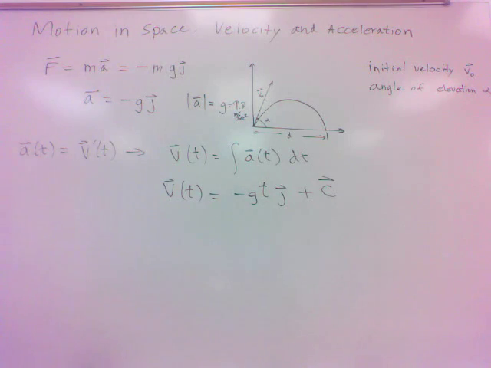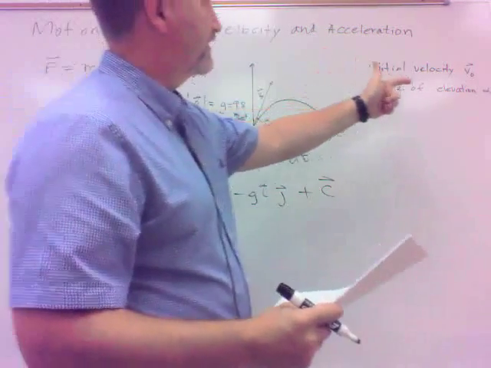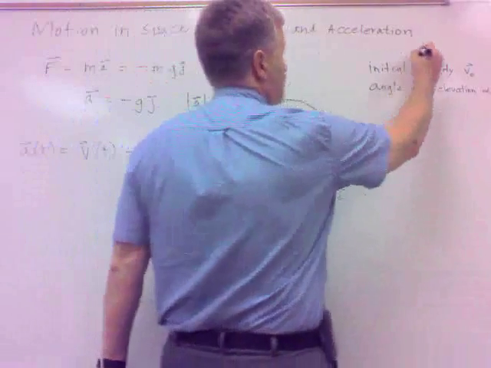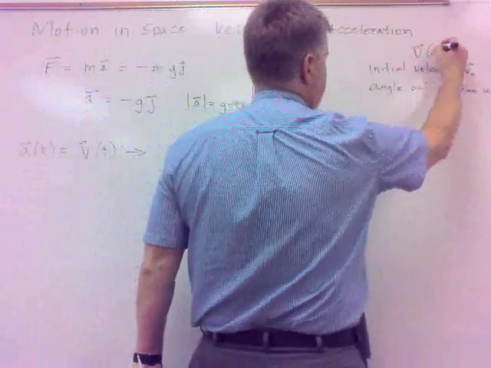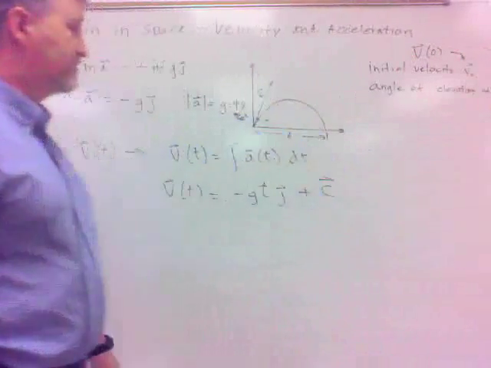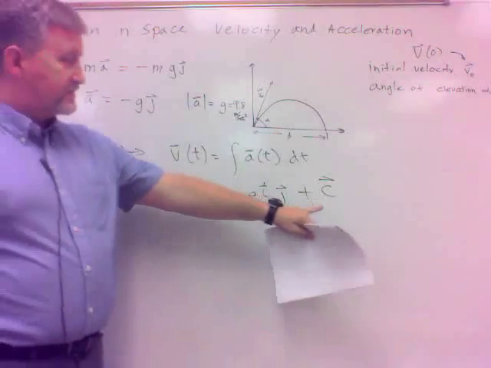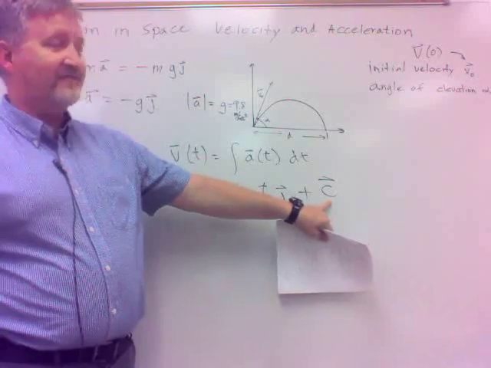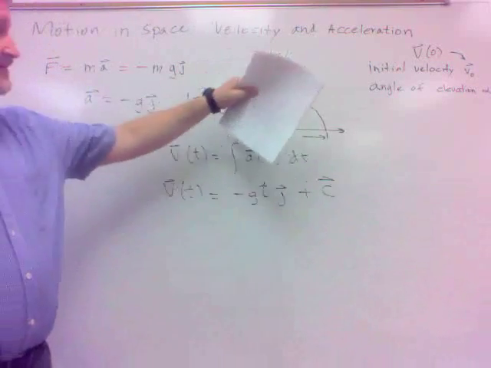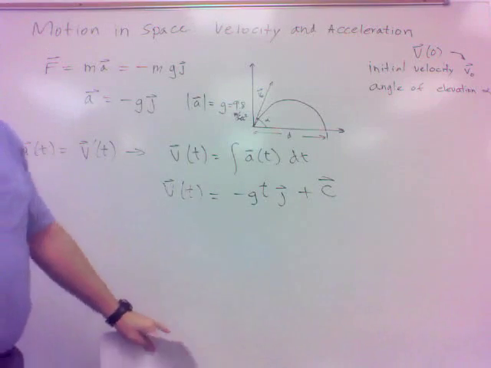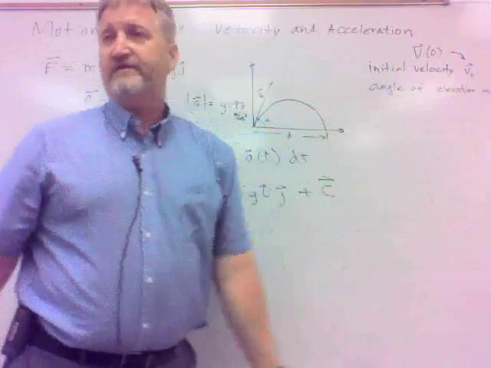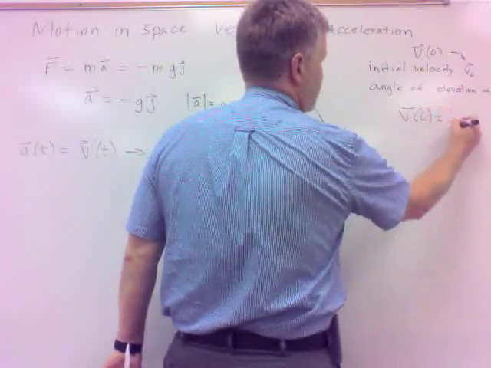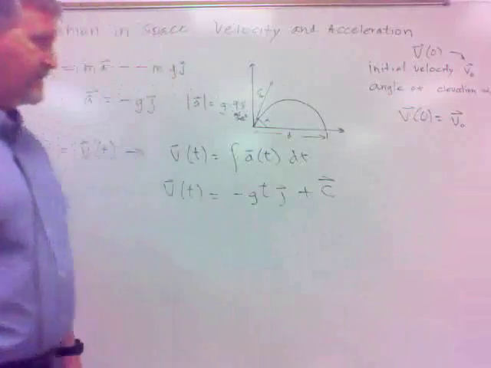But we know we've got the initial velocity vector here. We called it v0. So what's the constant vector going to be? It's the initial velocity vector. What we're saying is v of 0 is the velocity vector at time equals 0.